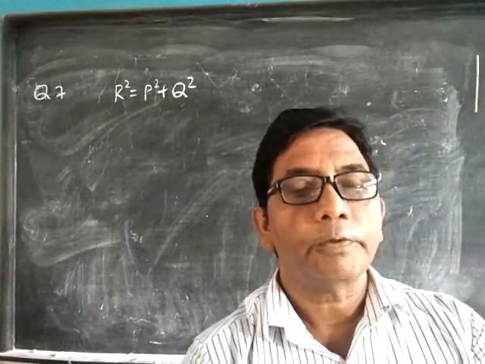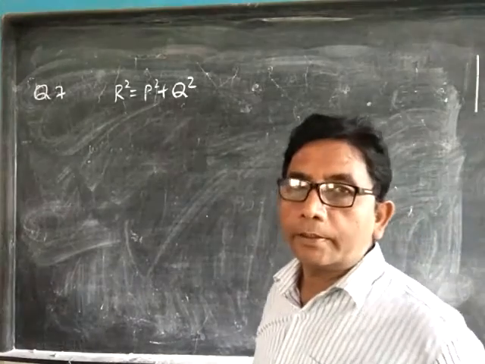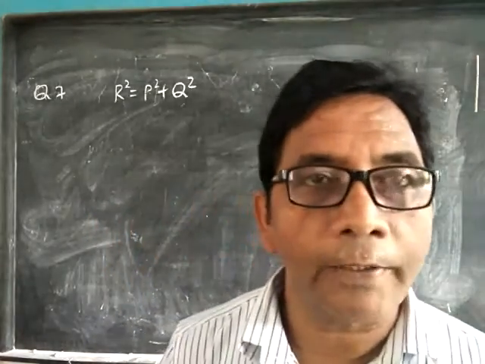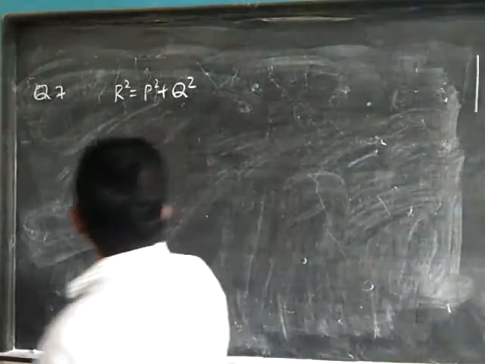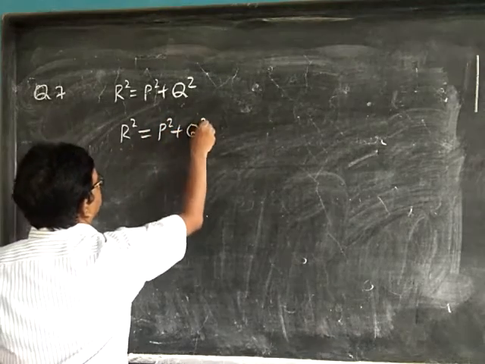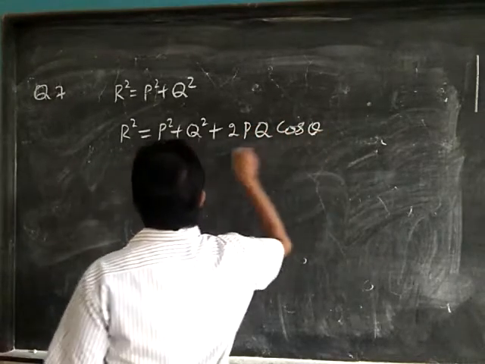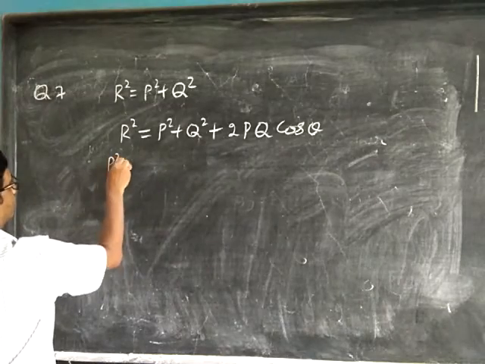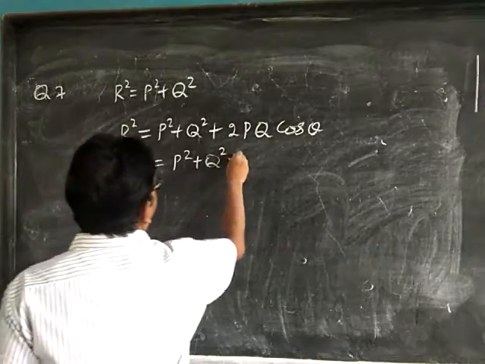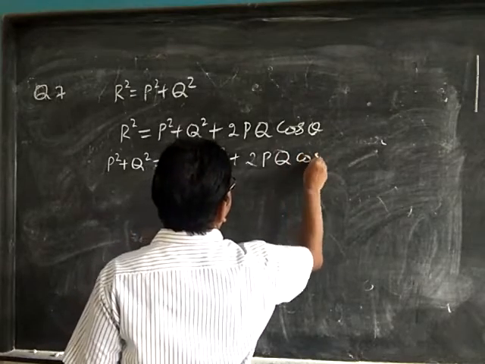We know if theta is the angle between p and q, then the magnitude of their resultant is given by r square is equal to p square plus q square plus 2pq cos theta. Here given r square, that is p square plus q square, is equal to p square plus q square plus 2pq cos theta.